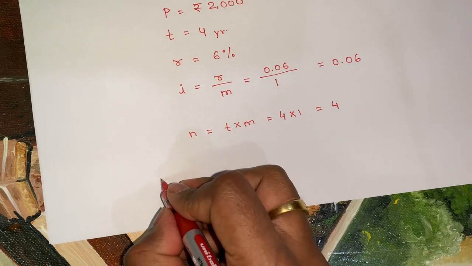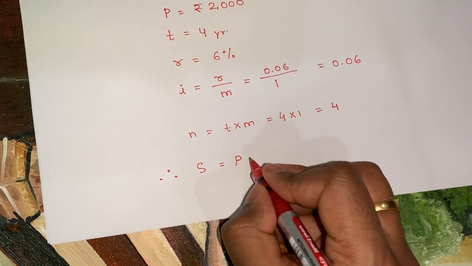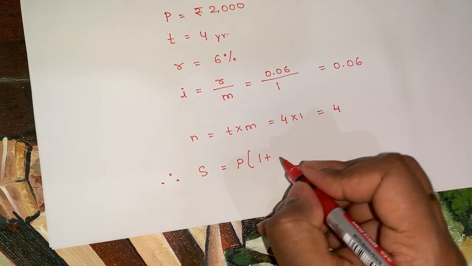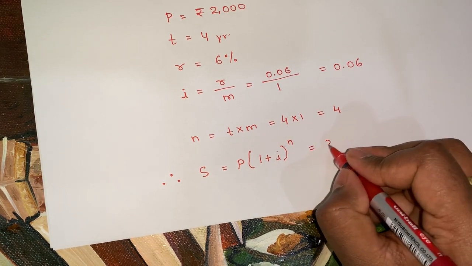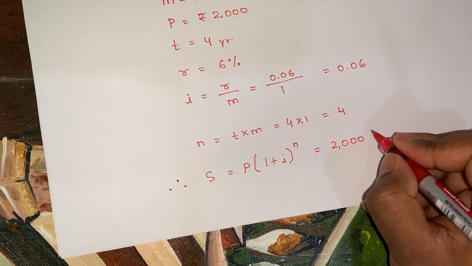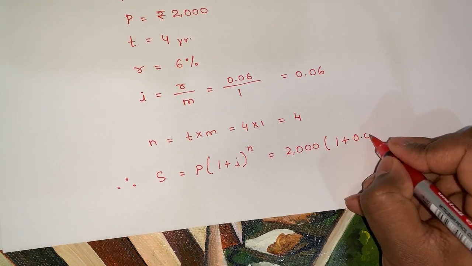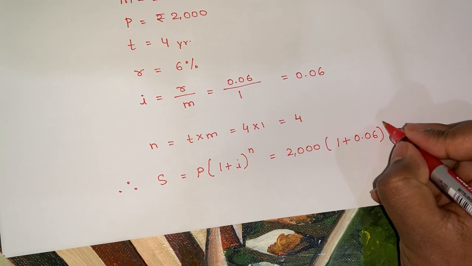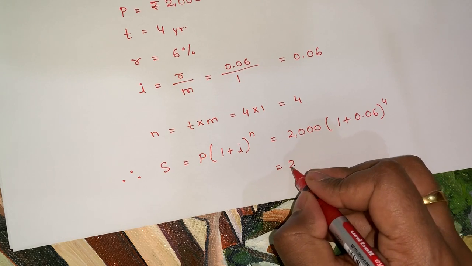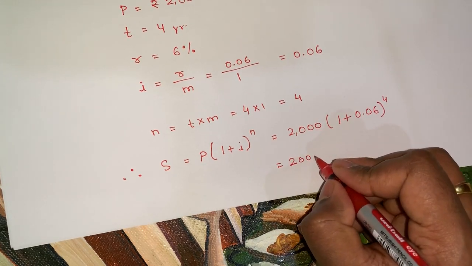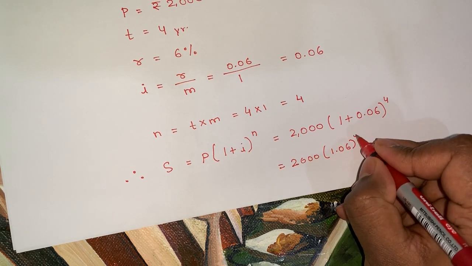Therefore, now we put this in the formula for amount. Amount equals P in brackets (1 plus I) to the power n, which makes it 2000 into (1 plus 0.06) to the power 4, which makes it 2000 in brackets 1.06 to the power 4.